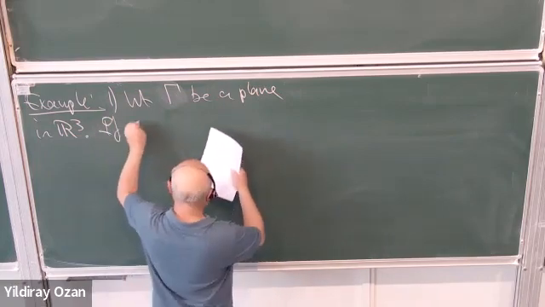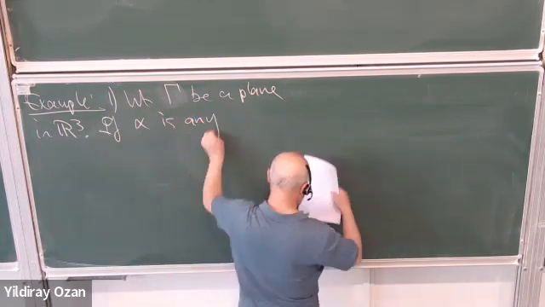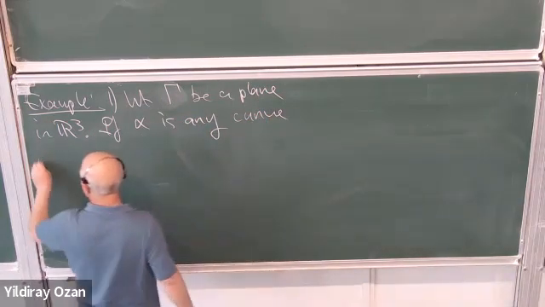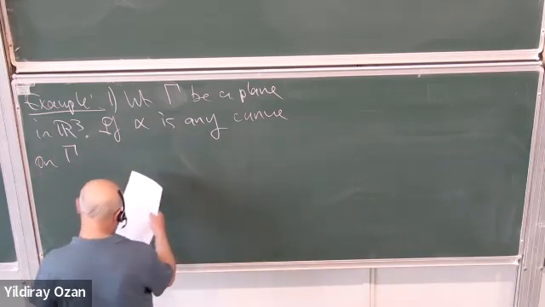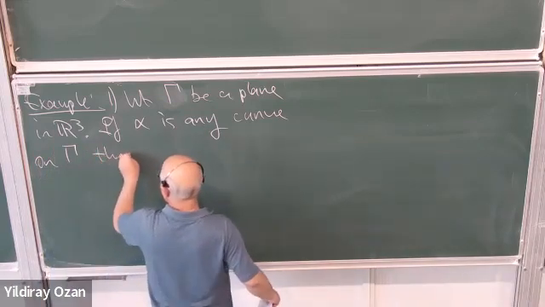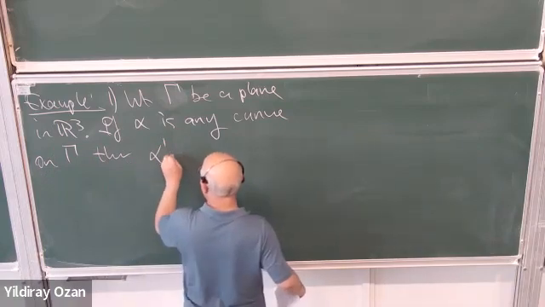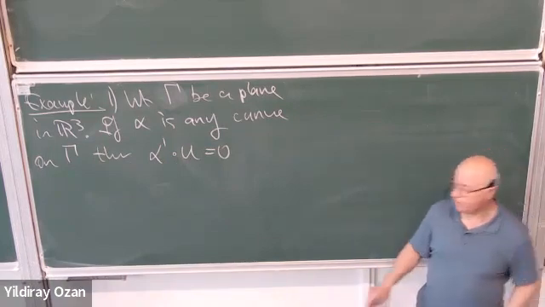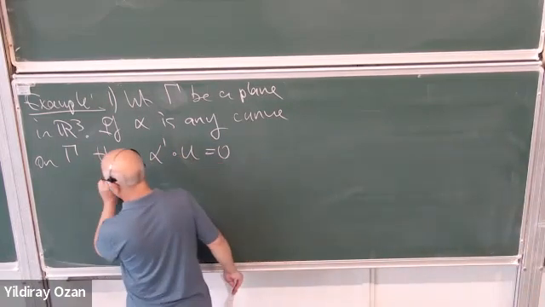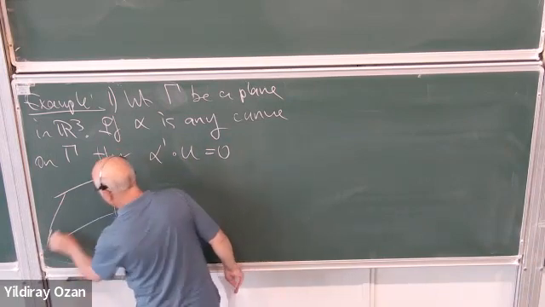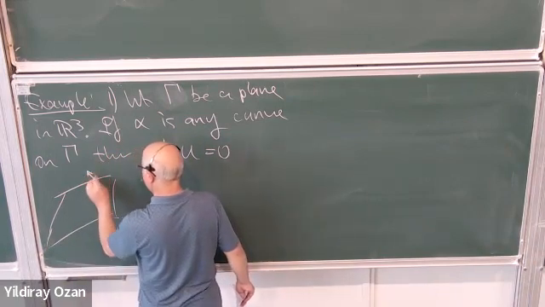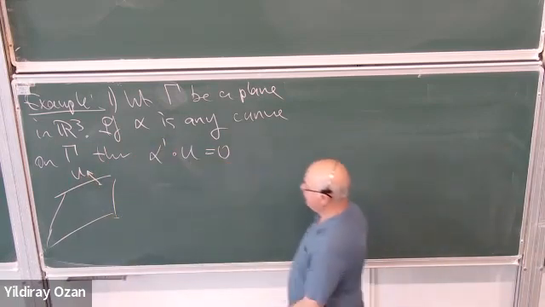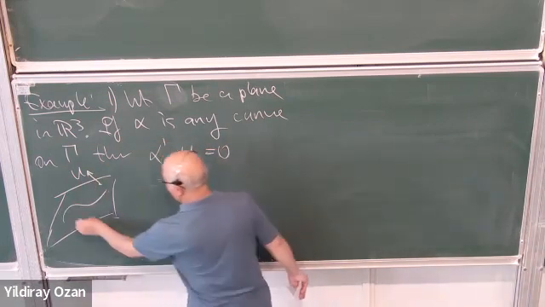If alpha is any curve on gamma, then of course alpha prime dot product u is 0, u being the normal vector of the plane. Let's say u is this normal vector of the plane, and we have any curve alpha here.